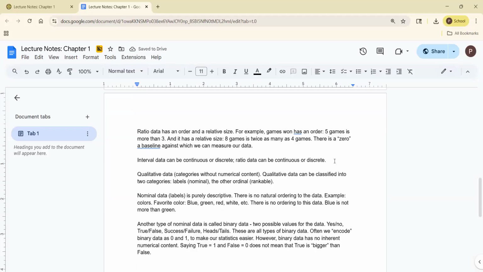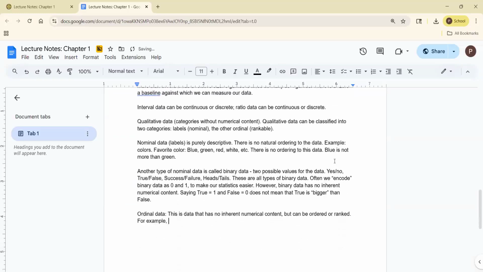Okay. The other type of qualitative data is ordinal data. This is data that has no inherent numerical content, but can be ordered or ranked.